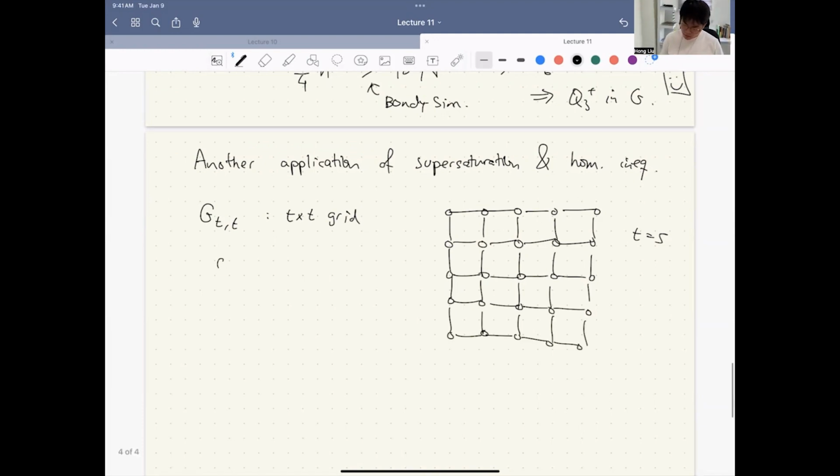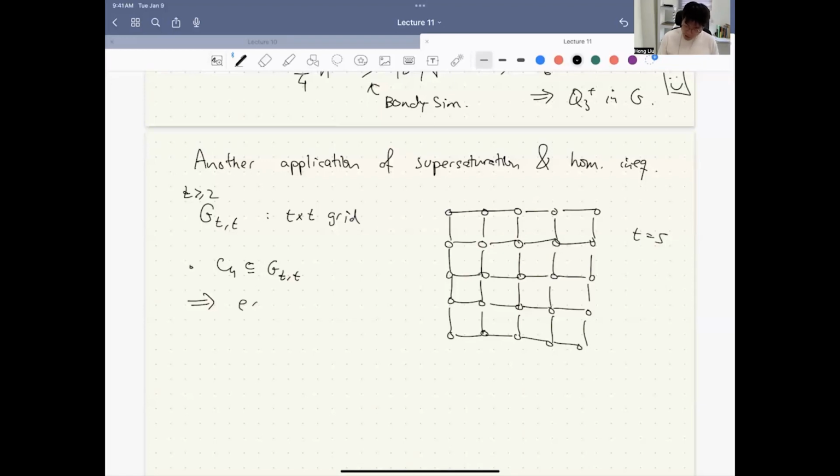Obviously, C4 is contained in G_T. We usually consider T at least 2, otherwise it is just a singleton graph, right? When T equals 2, that's precisely C4. So for larger T, C4 is just a building block of this grid. It's a smaller graph. So this implies what?